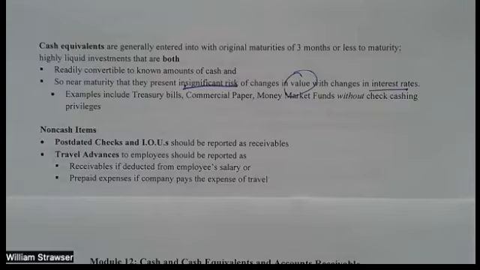Even with a full 100 basis point shift, a full 1% change in an annual interest rate, if the investment has less than 3 months to maturity, it's not going to change the value of that investment to a significant amount. And so that is the concern.